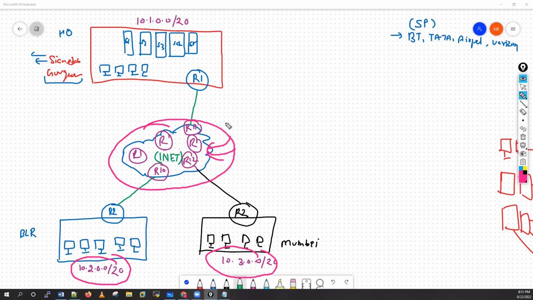So this transport is known as your underlay transport, and the networks we are sending over this transport make up the overlay technology or overlay network. So this is your underlay and overlay.